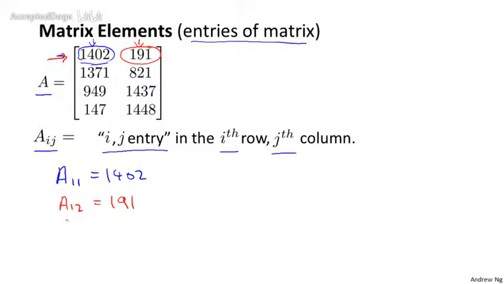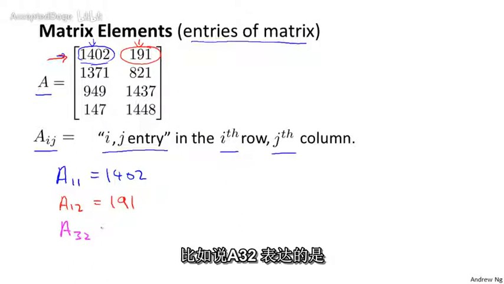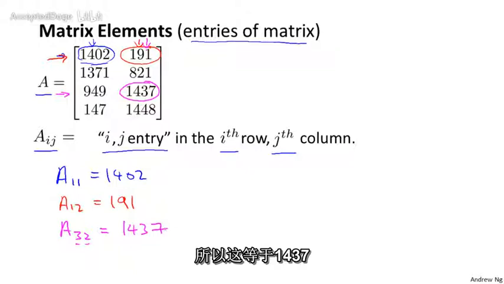Just a couple more quick examples. A32 refers to the entry in the third row and the second column, right? Because that's 3, 2. So that's equal to 1437. And finally, A41 refers to the fourth row, first column, which is equal to 147.